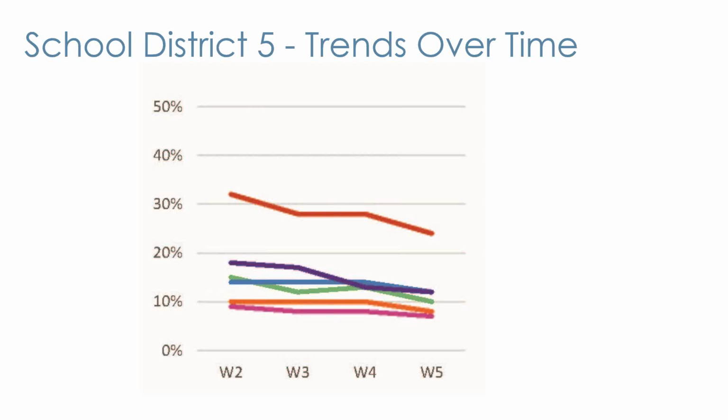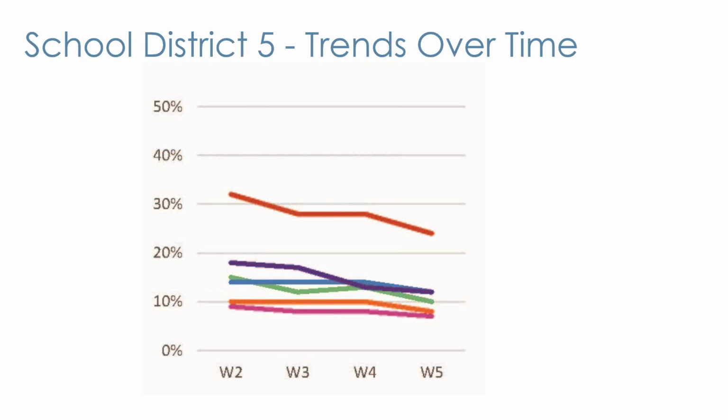And you can see that the trend has actually been to the good, which is different than what we have seen in most places in the province. So at the end of wave 2, the overall vulnerability was about 32% of kids vulnerable.